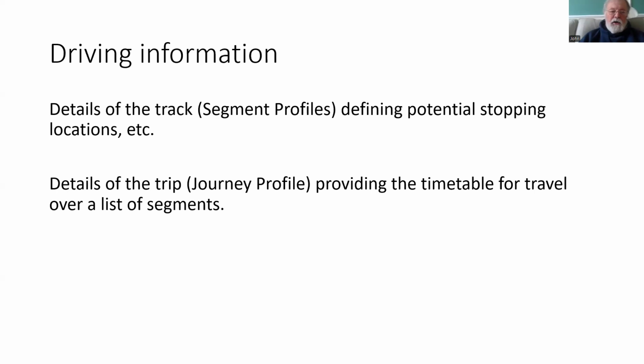In addition, the train needs to know the timetable trip that it is on, and this is contained within a journey profile. It provides the timetable for entry into each of the segments on the route as appropriate. It provides the stopping information, stopping times, departure times, and the list of segments that the route will be along.